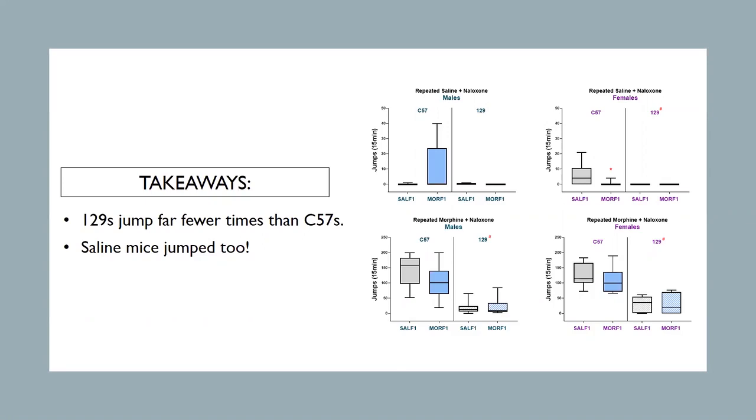One thing that we saw that we didn't really expect to see was that mice who were only exposed to saline during their lifetime, they never saw any morphine, they were jumping too. So that indicates that they had some sort of withdrawal symptoms. And the reason we kind of thought this was happening was because they had been injected with saline, they were stressed, and so their endogenous opioid system was upregulated.